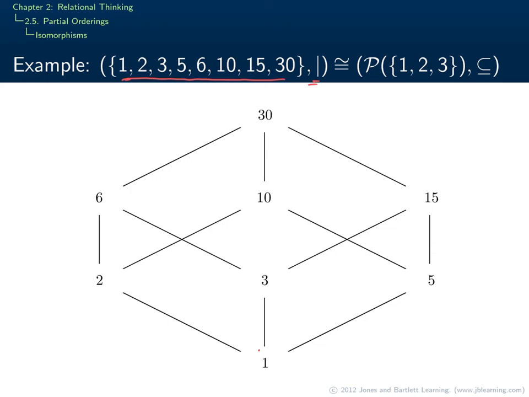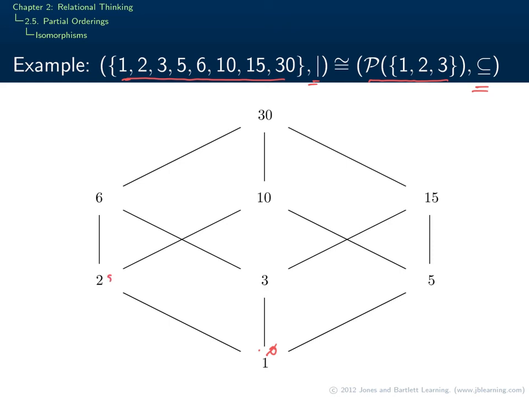In fact, when we looked at the power set on the set 1, 2, 3 under the subset relation, we got a Hasse diagram that looks exactly like this. Let me remind you that at the bottom we had the empty set.